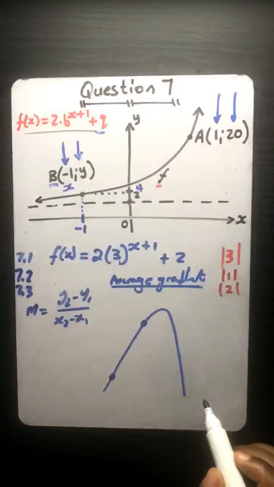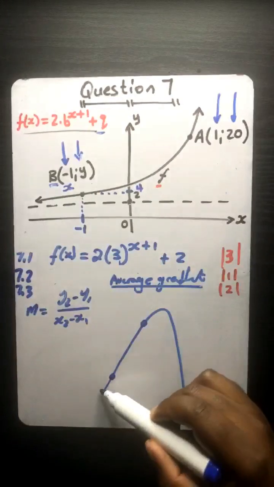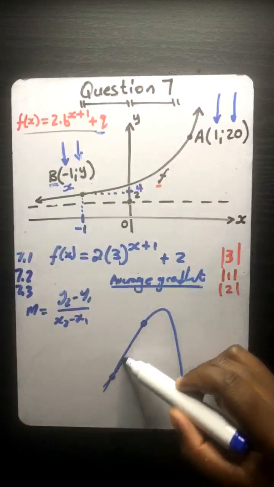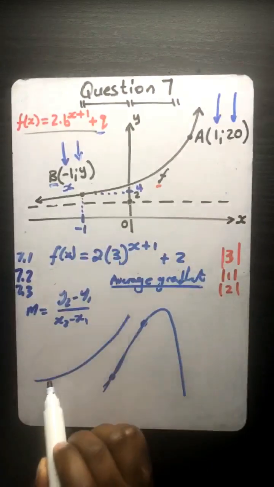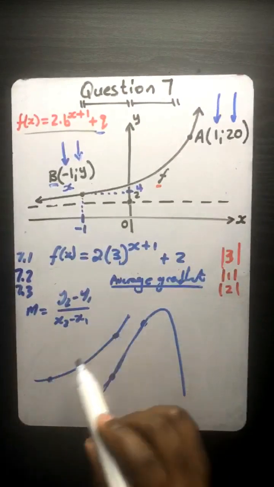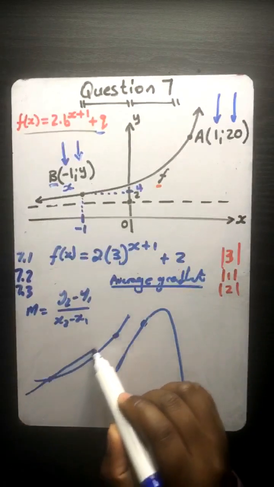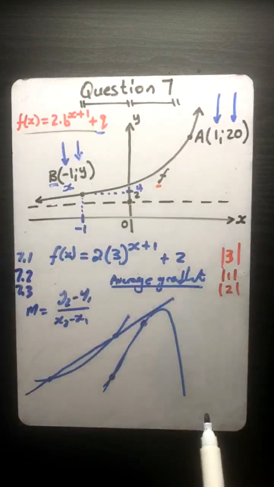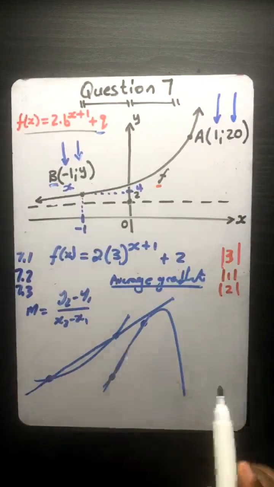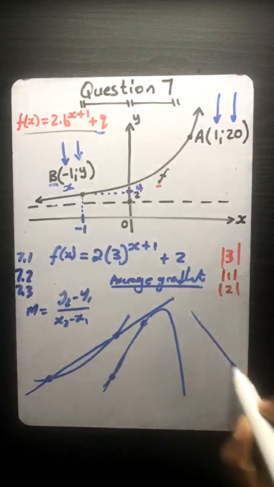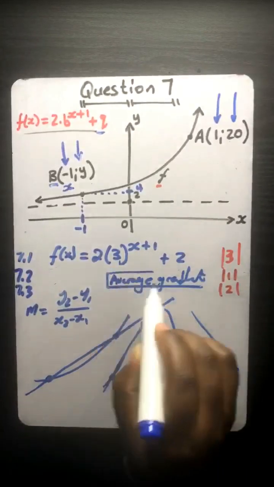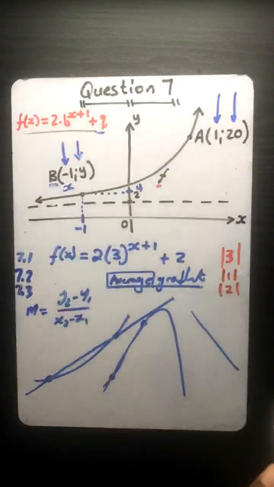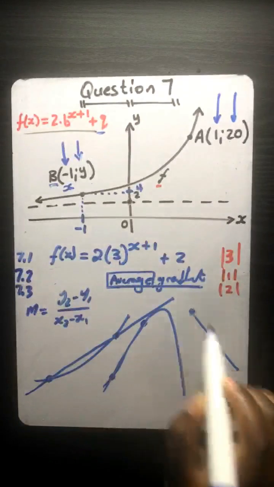And they said, calculate an average gradient. That means it's more like a straight line averagely crossing through those 2 points. It's only when you are dealing with a straight line that they will never use the word average, because it is an actual gradient from one point to another.